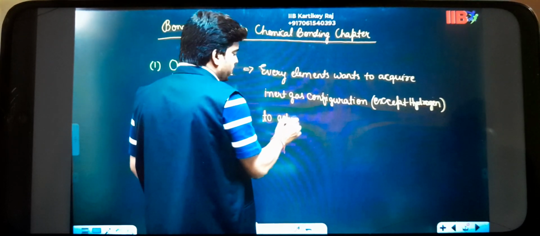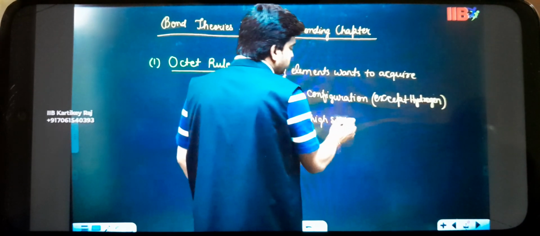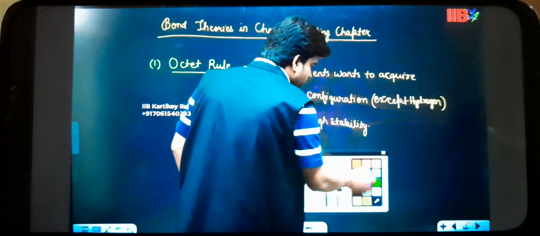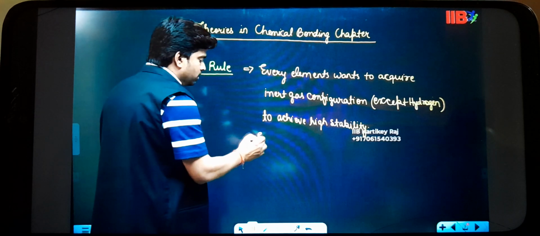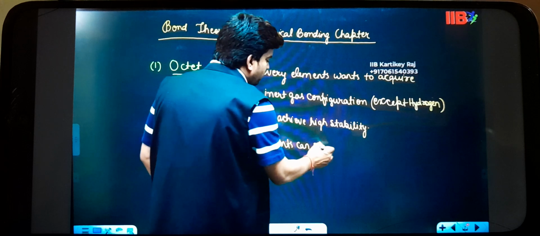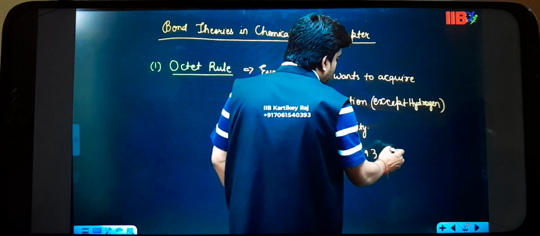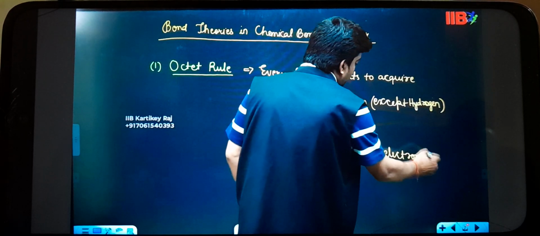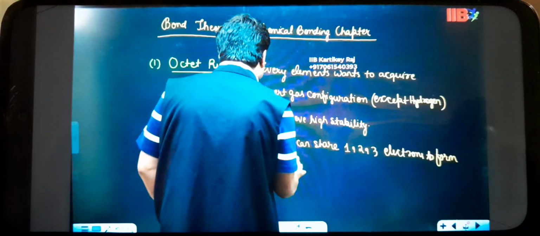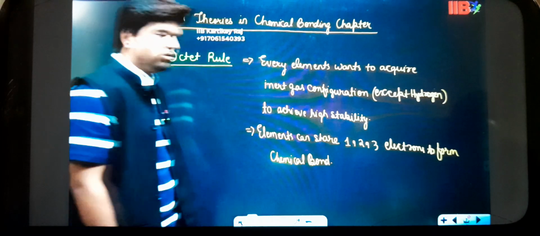To achieve high stability, here you say maximum stability, elements can share 1, 2, or 3 electrons to form a chemical bond. So what was the concept of the octet rule?